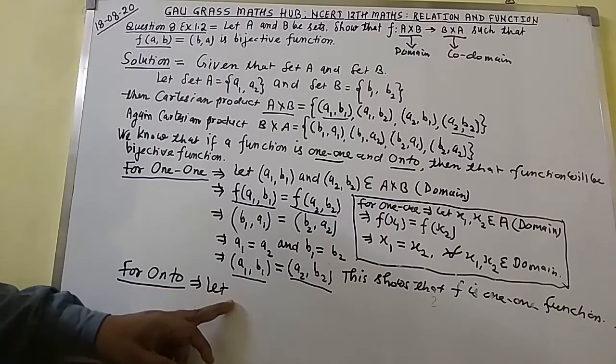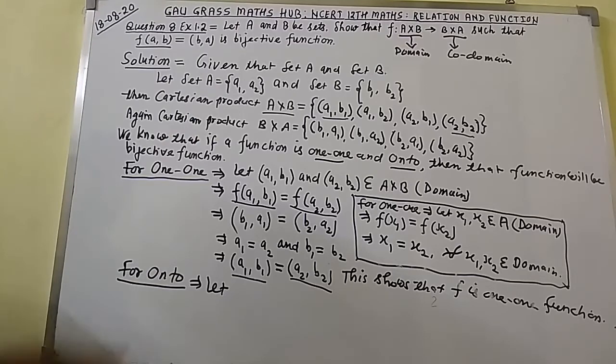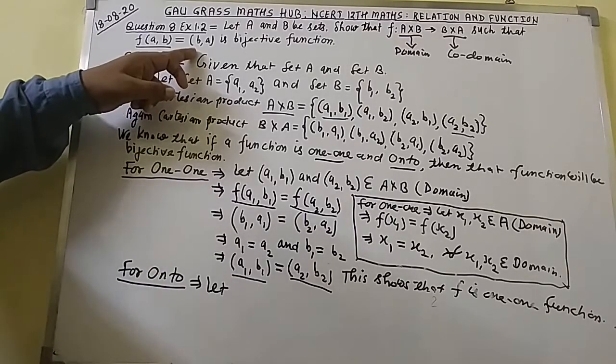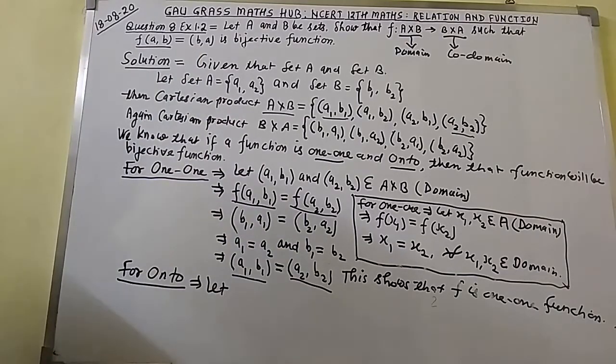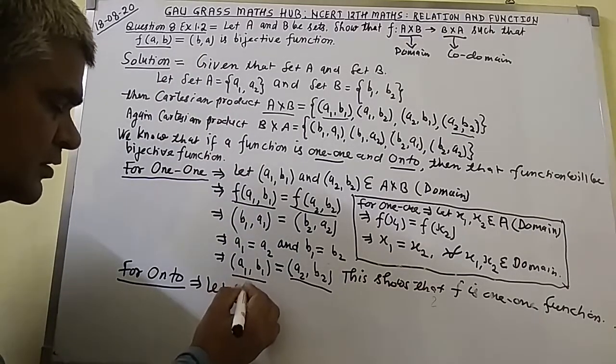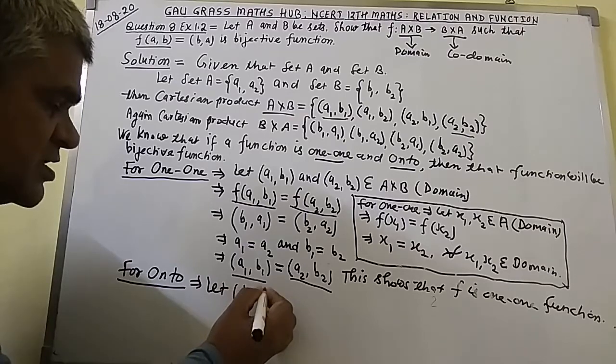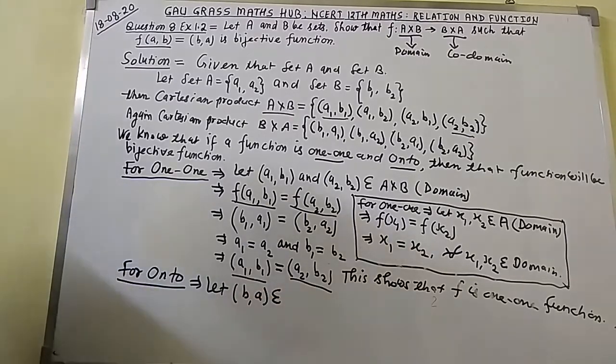The element of codomain will come here. So here you can see the element of codomain is let b, a belong to codomain.